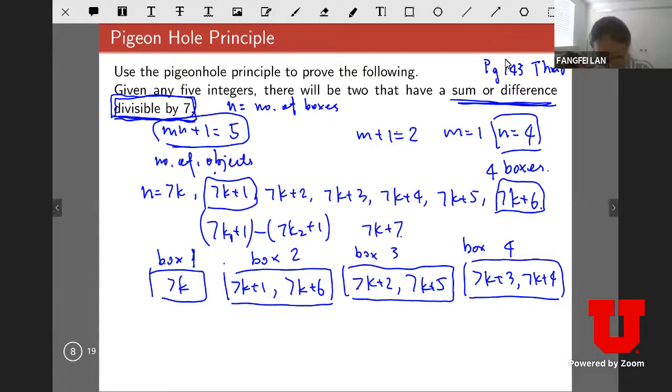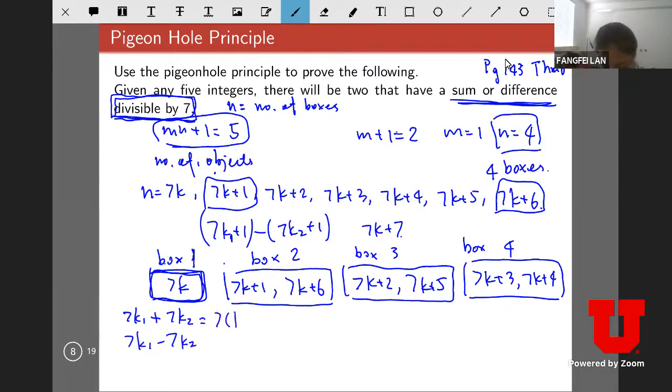And then for things like 7k, think about it. If you get two integers that both land in box 1, then the two integers can be written as 7k1 and 7k2. So both the sum and the difference will work.